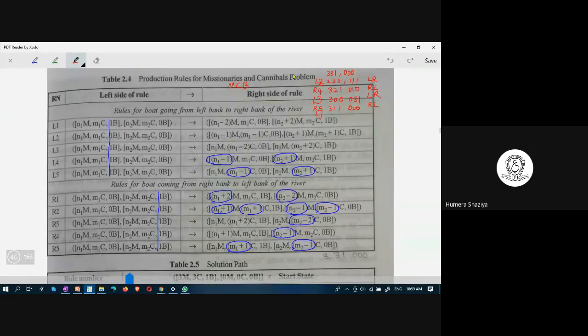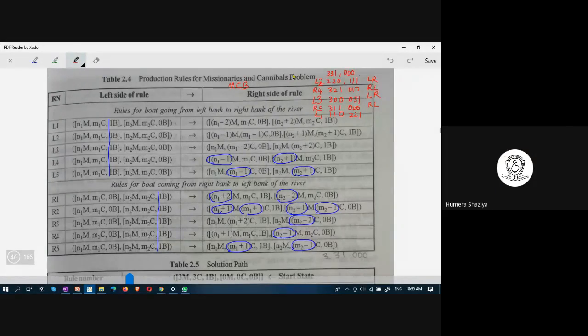In which situation can you apply L1? In the start state, you cannot apply L1. But there will be some situation where you can apply. So what are you doing in L1? You are taking two missionaries. So this will be 1, 1, 0. And here it would be 2, 2, 1.